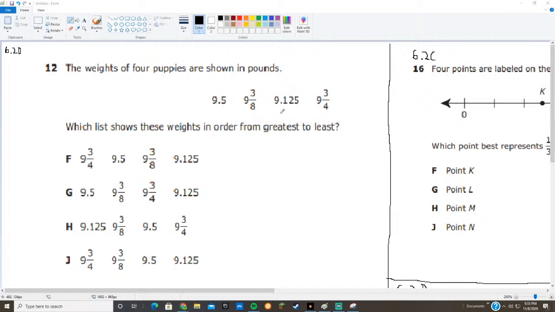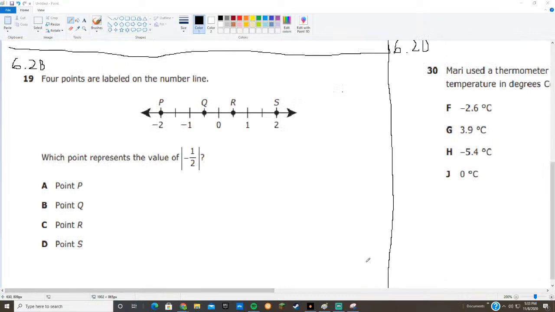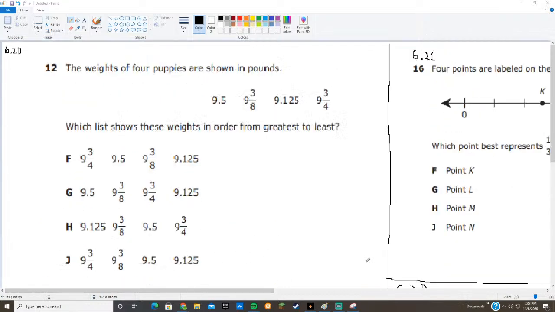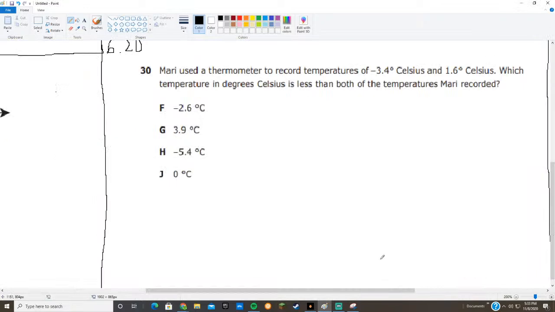So yes, we'll be going over 4 different questions. Looks pretty simple.